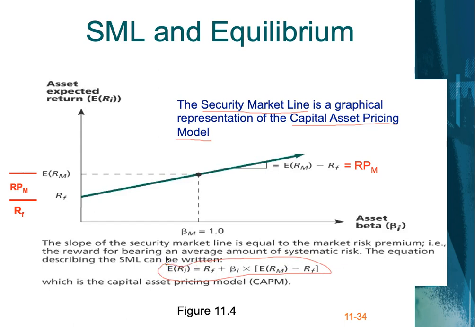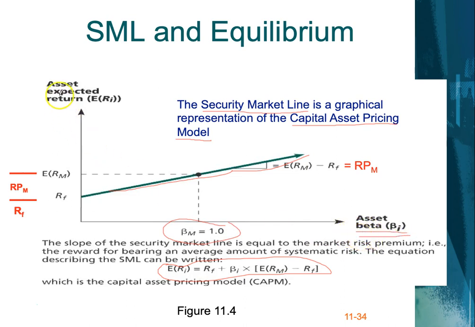We're going to learn it very well. And this security market line, this is the line right here, the security market line. It kind of illustrates this capital asset pricing model. So what's it about? Well, look at the x-axis, this is beta down here.